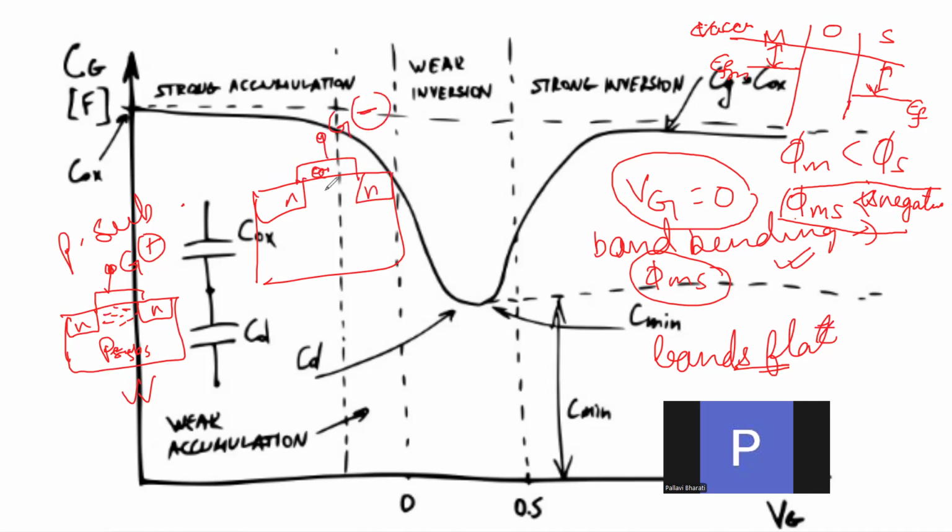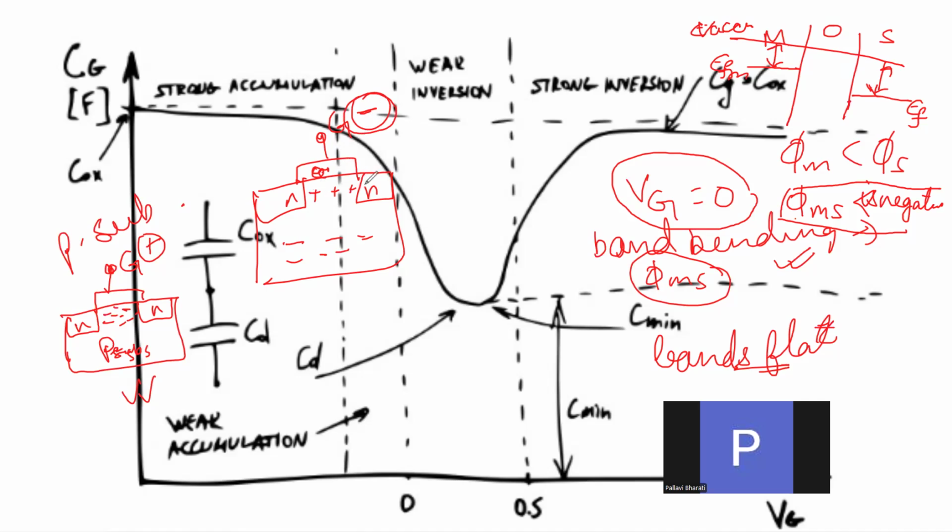You apply a negative voltage, so it will repel the electrons. Electrons will be moved away from the surface towards the bulk, and the positive charges will be attracted if you keep on increasing the negative voltage.